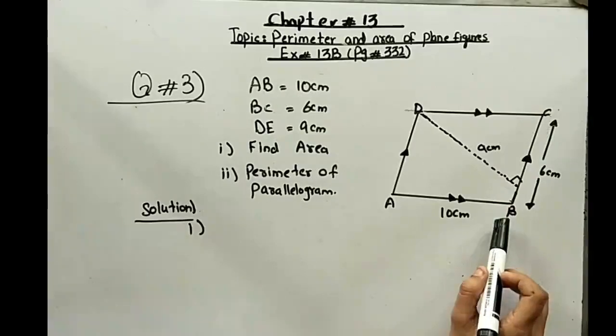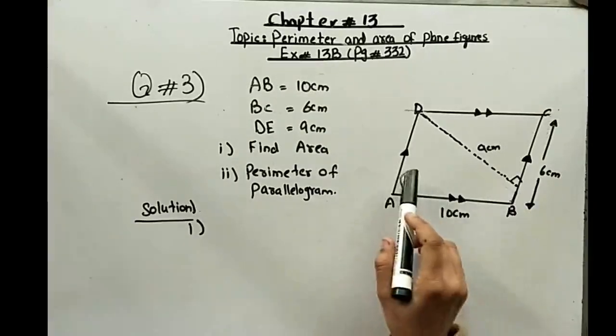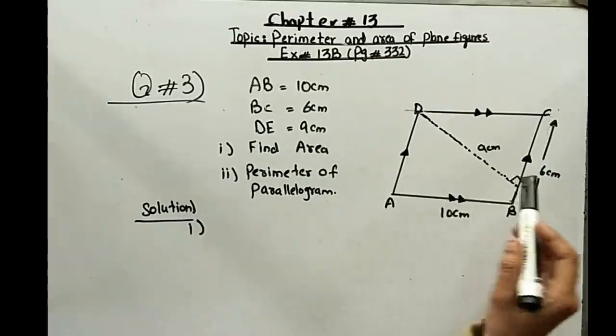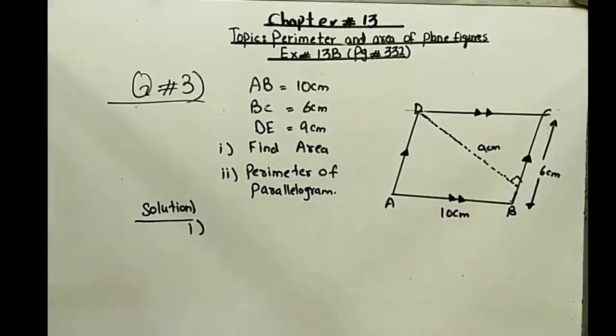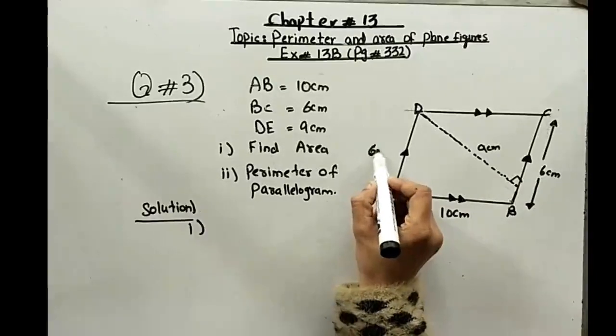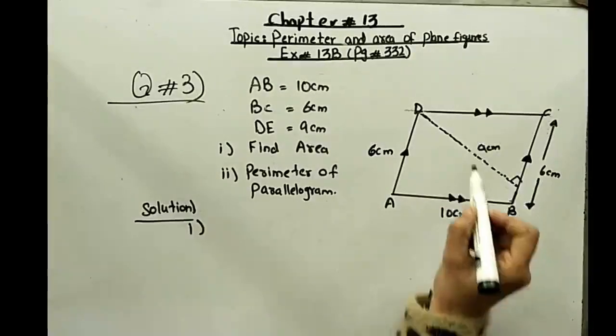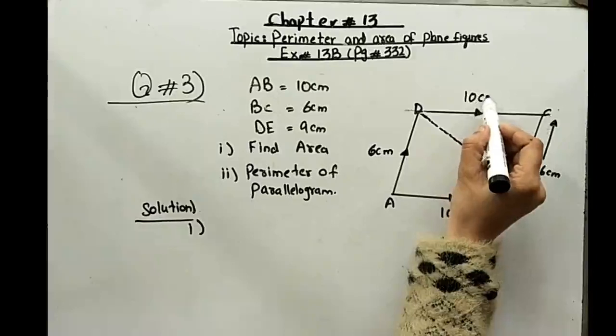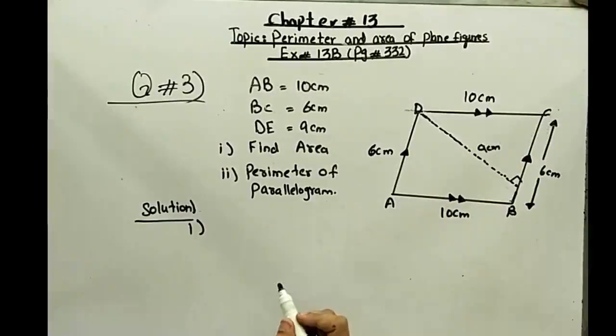And as we know that in a parallelogram, the two parallel sides are the same length. It means this one must be equal to 6 centimeter. If this one is 10 centimeter, then this side must be equal to 10 centimeter.